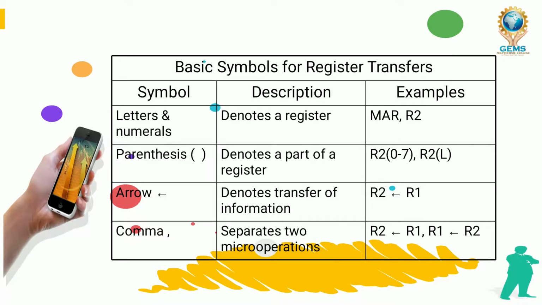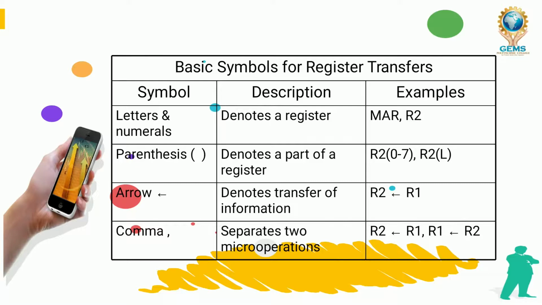So here are some basic symbols for register transfers. We already discussed micro operations. Symbols and notations are there: letters, numerals, parentheses, arrow, comma. What is the description of letters and numerals? They denote a register.